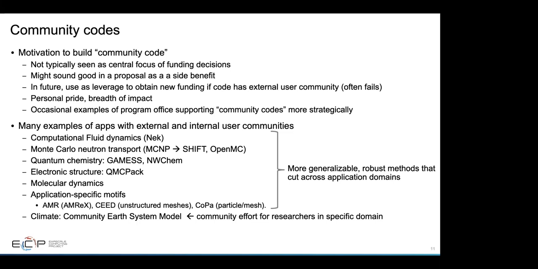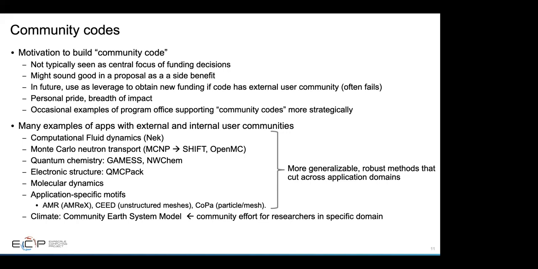Now we have Shift and OpenMC, we have quantum chemistry, electronic structure, and we have other application-specific motifs. So there is definitely a class of applications that seek external users and which can be adopted broadly across many different domain science fields, not just within one set of problems. And I'll give climate as an example, the Community Earth System Model, a community effort for researchers within a specific domain. So examples abound.